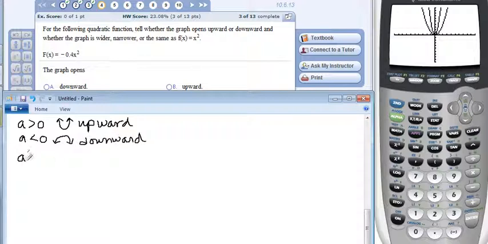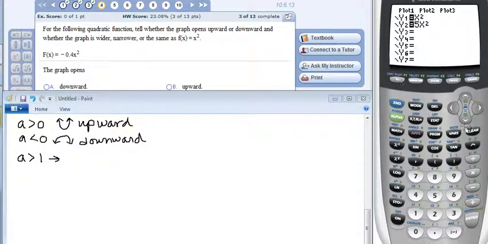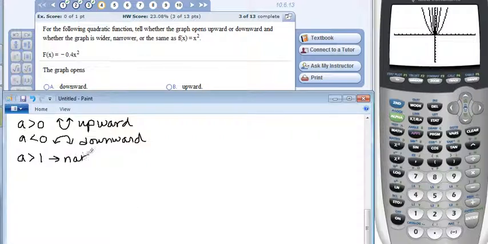Now, if A is bigger than 1, such as 5 or 25, okay, these are all numbers that are bigger than 1, look what's happening to this graph. It gets narrower and narrower and narrower as we go on. So A bigger than 1 narrows the graph, so it gets skinnier, okay?